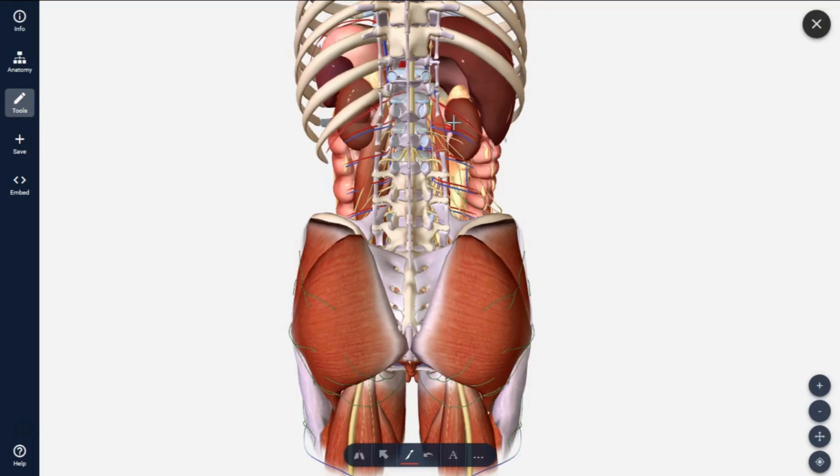One is pressure given by the adjacent organs, the second is the presence of renal fascia which holds the kidney in position, and then we have the pedicle, which is formed by the renal vessels and the renal pelvis. All those are responsible for holding the kidney in proper position.